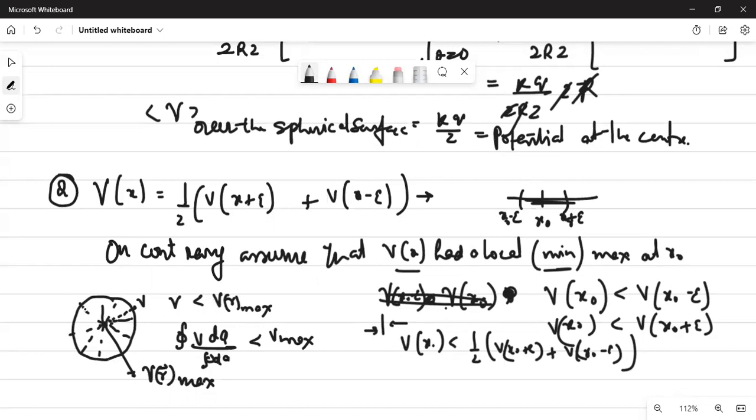So the average value of all these points, integral V dA upon integral dA, will be less than V maximum. And indeed this is a contradiction, because we have proved the equality just above.